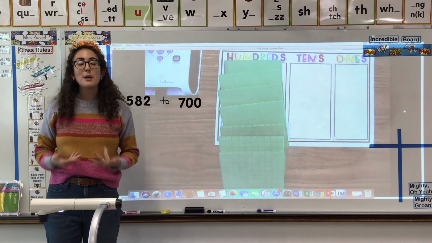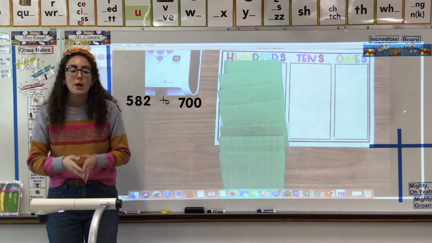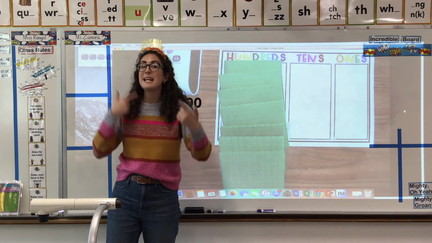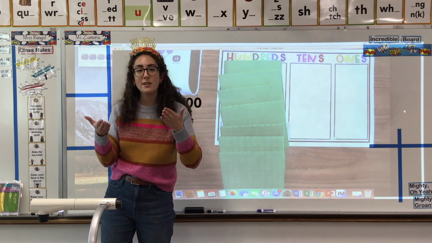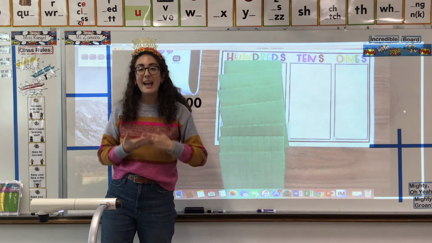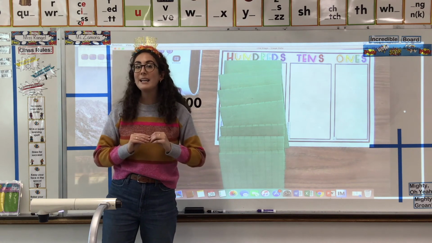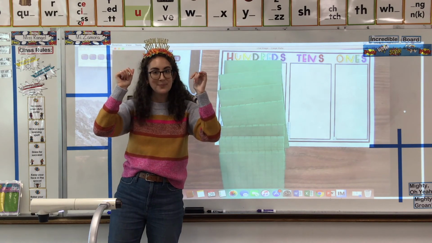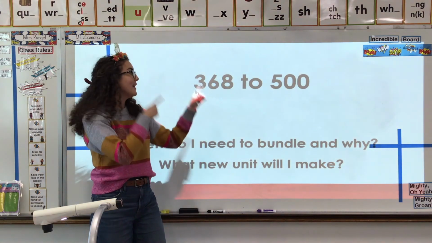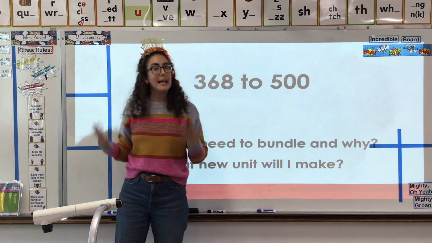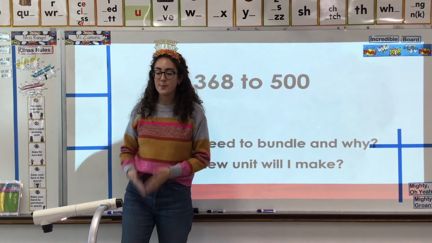So that's going to be your job right now. You are going to practice counting with your chart, but explaining and pausing yourself to identify every time when you need to bundle and what number you're at. Okay, second grade, this is going to be your job to do on your own to test your independent mathematician skills.